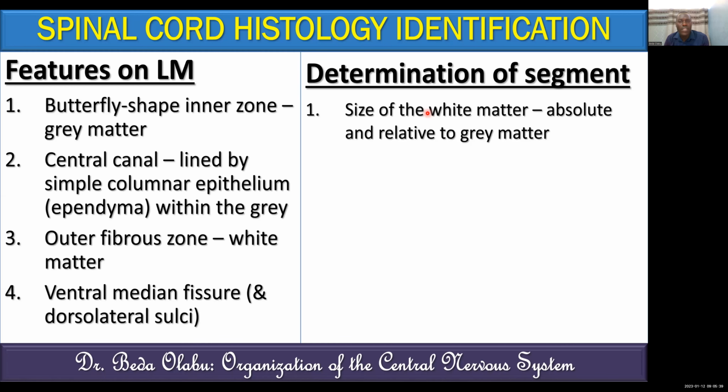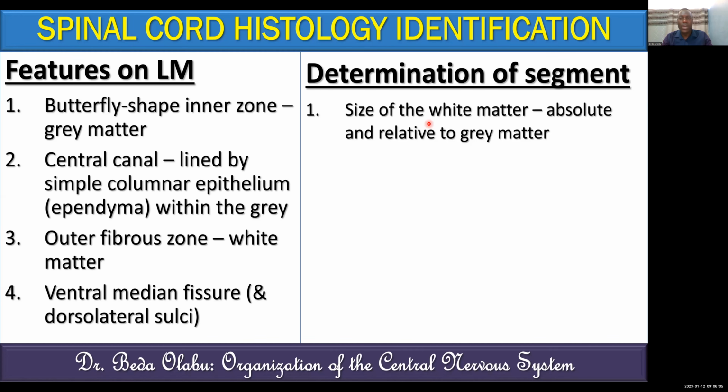And so when you look at a spinal cord section and you see a lot of white matter, your conclusion is that it's upper regions of the cord rather than lower regions of the cord. For that reason, a cervical cord will have a lot of white matter compared to a lumbar cord or a sacral cord. But understand the concept. When it's a lot, it doesn't necessarily mean cervical.